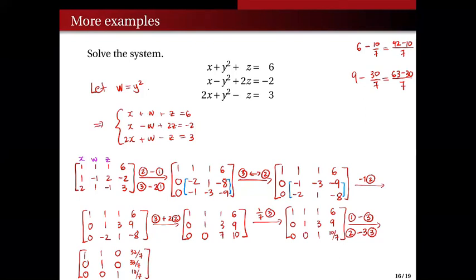So for this leading one, all the entries above it are all 0. We now move to the higher row, row 2. This is a leading one. The entry above it is still 1. So we have to change row 1 again, row 1 minus row 2.